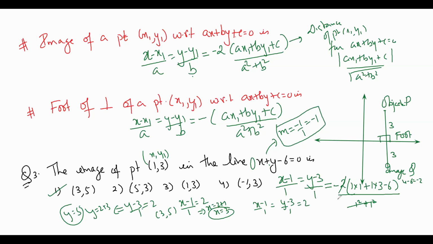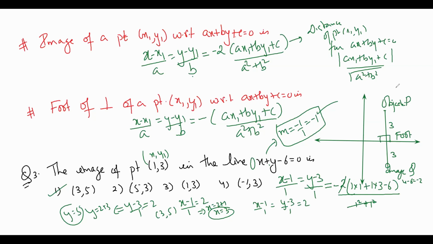And image is on the perpendicular line, and one of the options is the image. And object is given in the question. So check the option. If I take the first option as my image, then my slope must be plus 1, that is the negative reciprocal of the slope of the line. I'm just checking the slope.